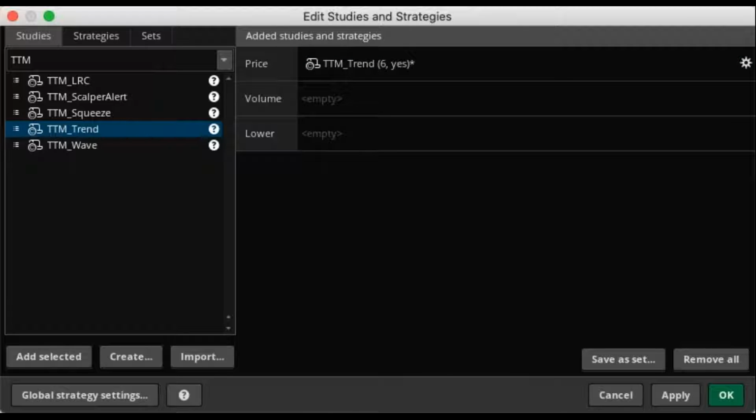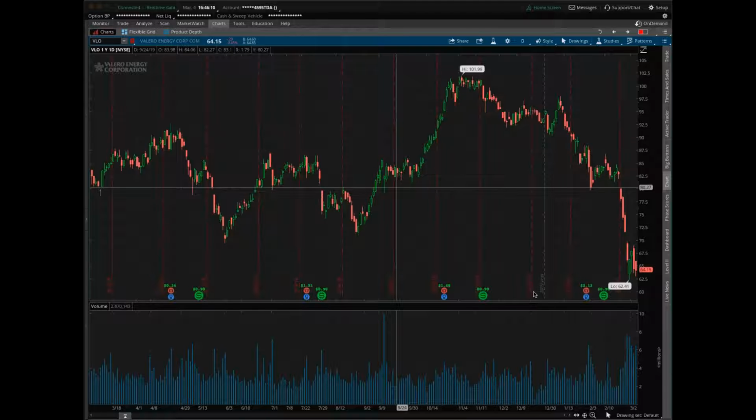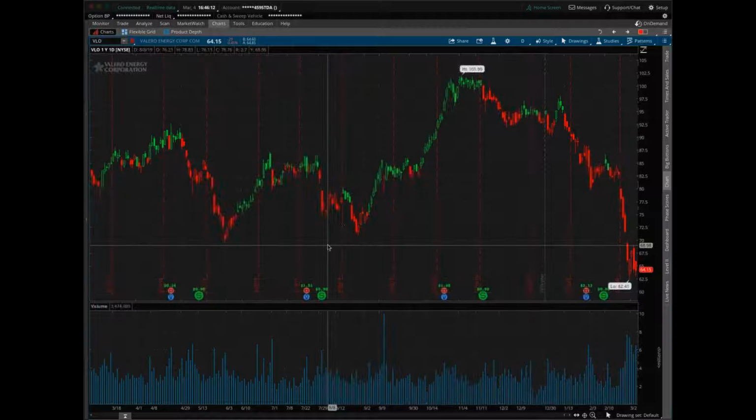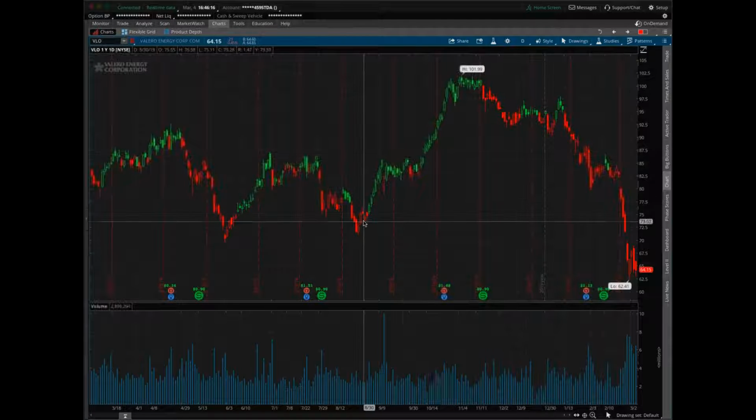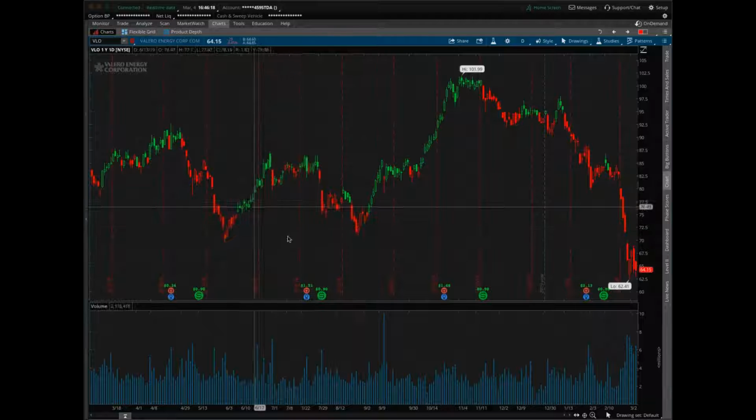Then our candles, once we push OK on that, look like this, red and green. Now, these aren't buy and sell days anymore. These are TTM trend candles. So let me make this clear to you guys, because a lot of people have difficulties here.